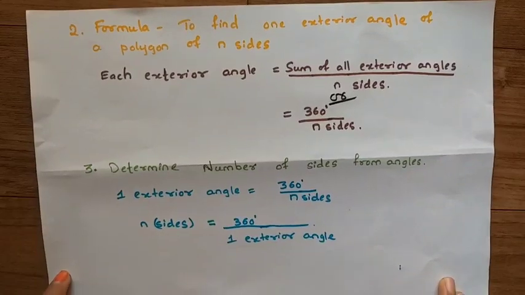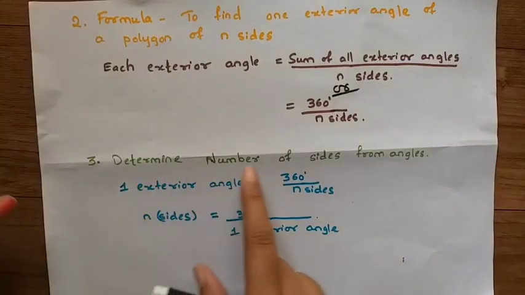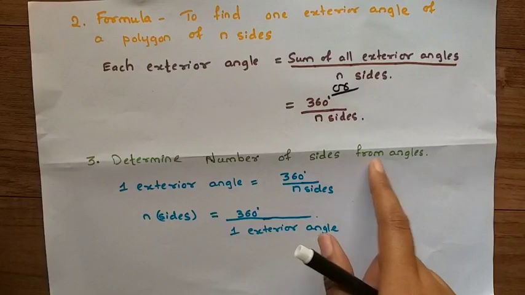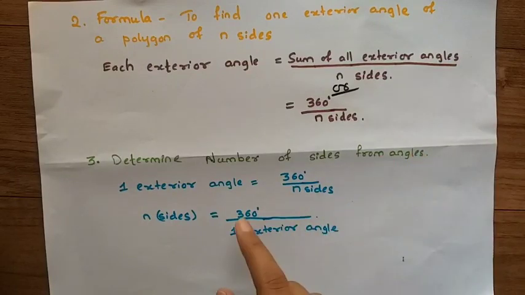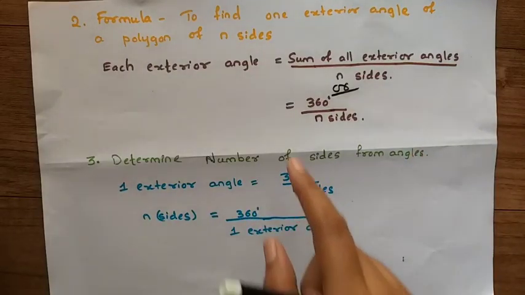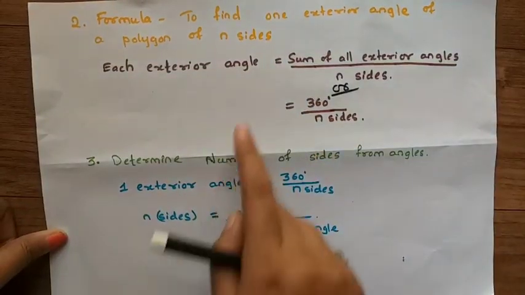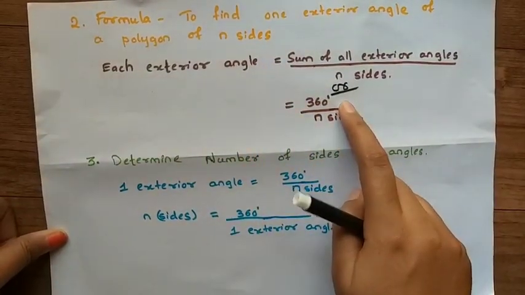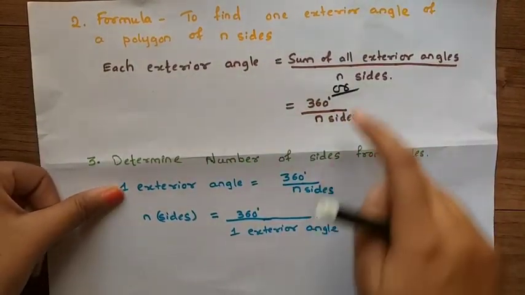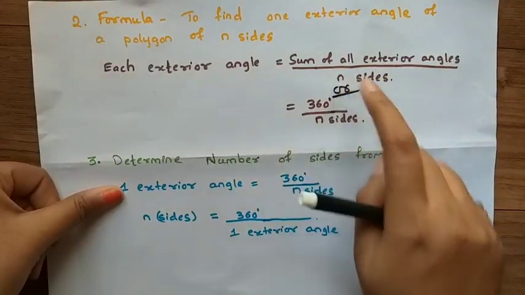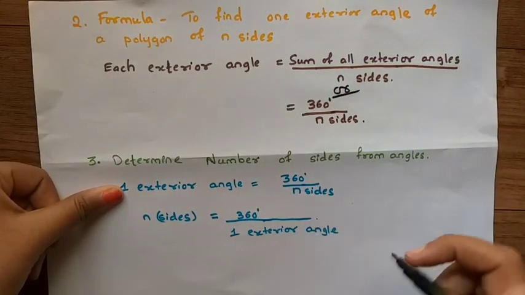The third formula is to determine the number of sides from angles. We know the formula: one exterior angle is equal to 360 degrees divided by n. This is the second formula. Here we have to find n.